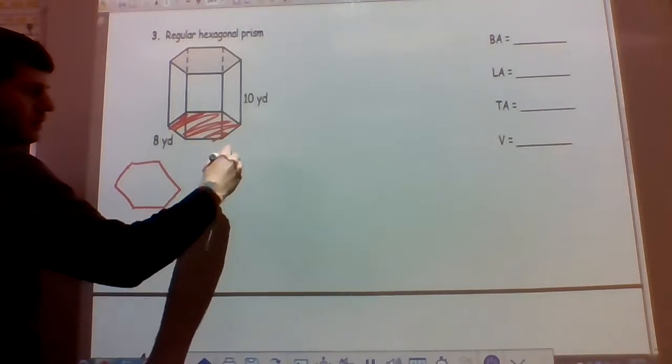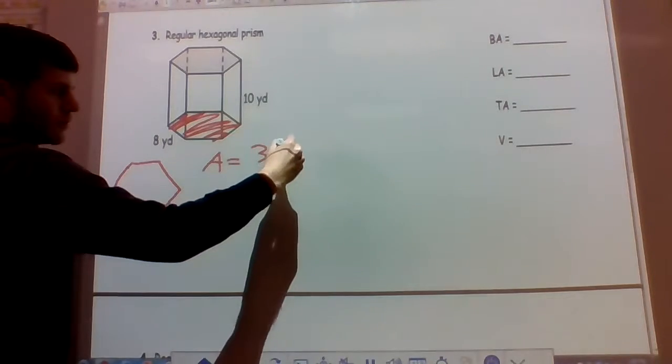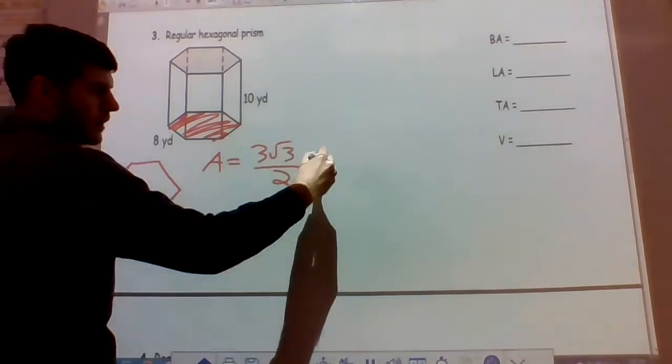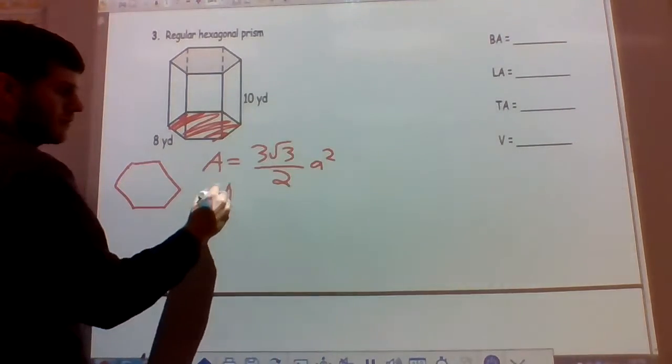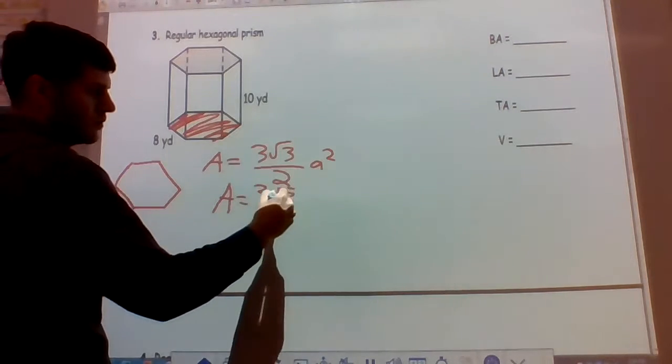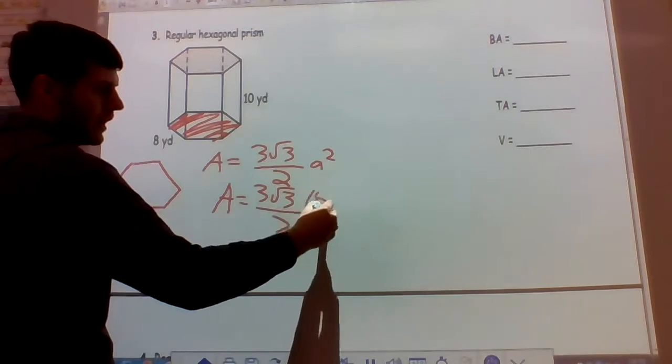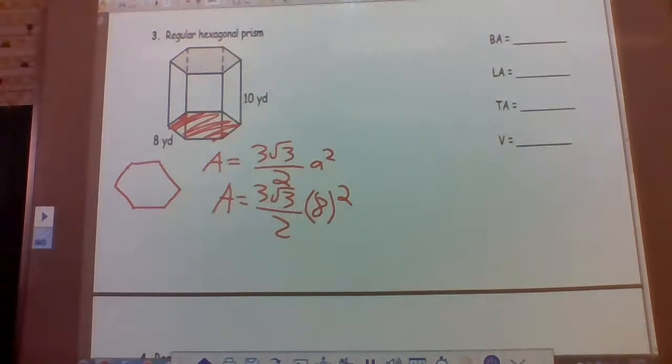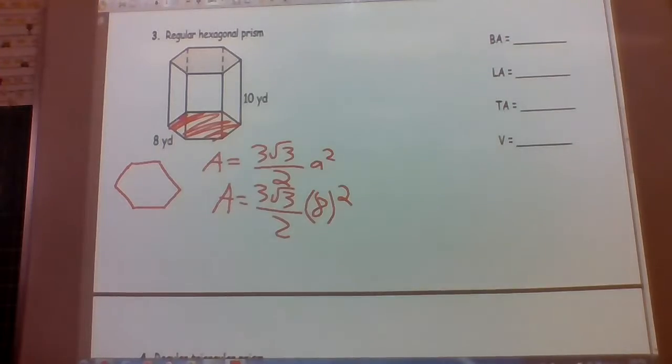We said that was 3 root 3 over 2 times a squared. So that's 3 root 3 over 2 times the length of the side, that's 8 squared. So if we put that in our calculator, that should have been 64 divided by 2, 32 times 3, 96. So 96 times the square root of 3.